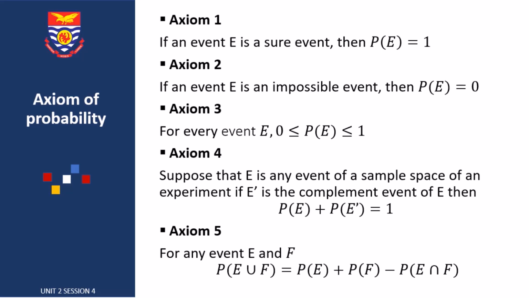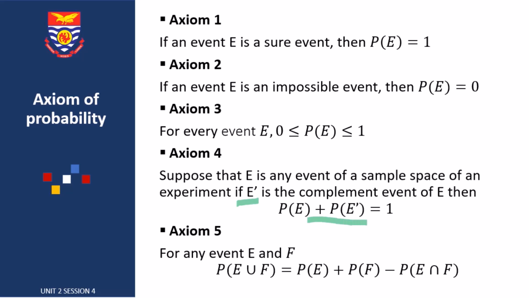Axiom 4. Suppose that E is any event of a sample space of an experiment. If E prime, which we talked about earlier, is the complement of the event E, then the probability of E plus the probability of its complement gives us 1.